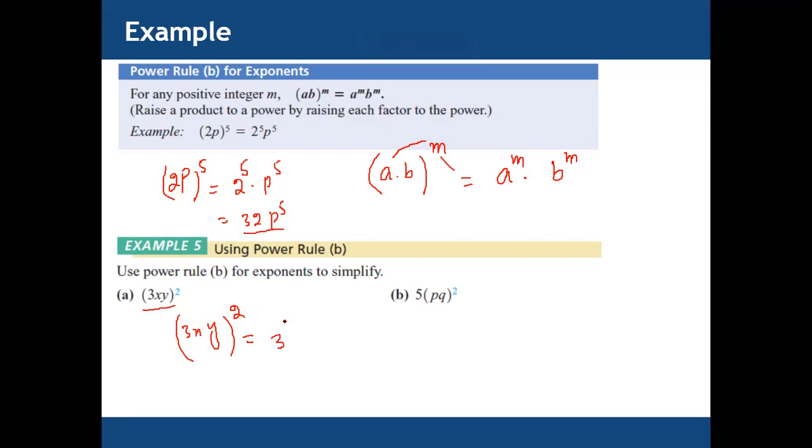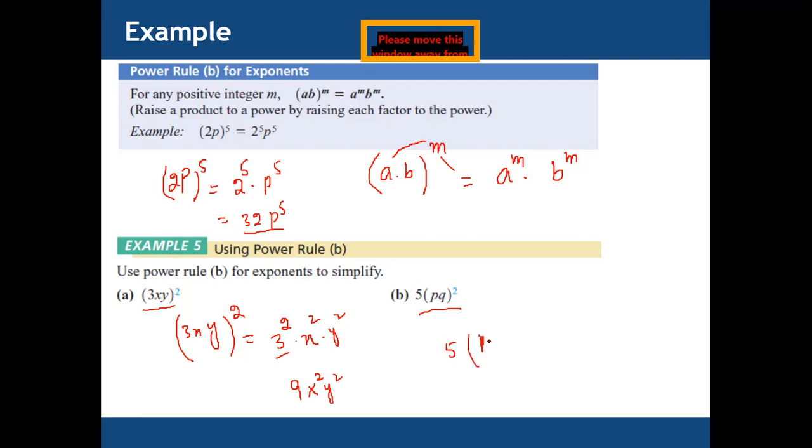Power 2 is for all. 3^2, x^2, and y^2. 3 squared means 9, x squared and y squared. Same we have this one, 5 multiplied by (pq)^2. So this whole square is for both. You can write 5, p squared and q squared, but not for 5 because 5 is outside.